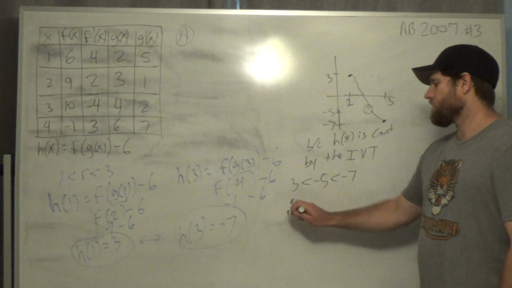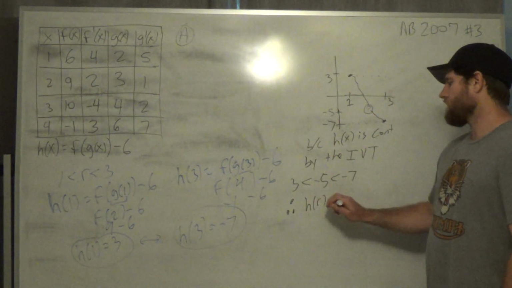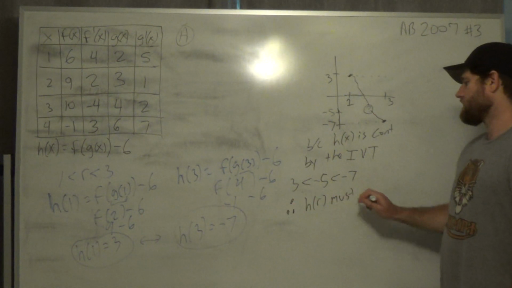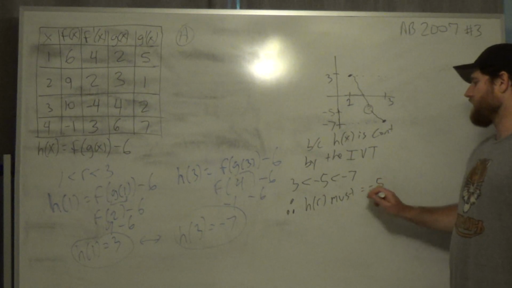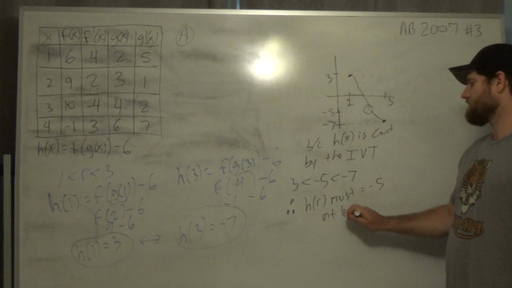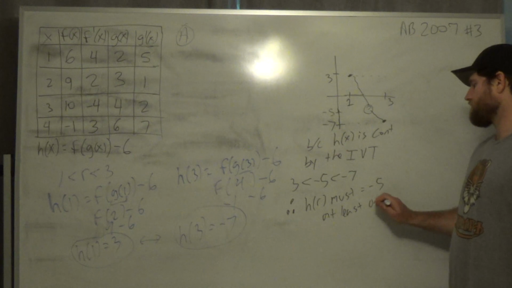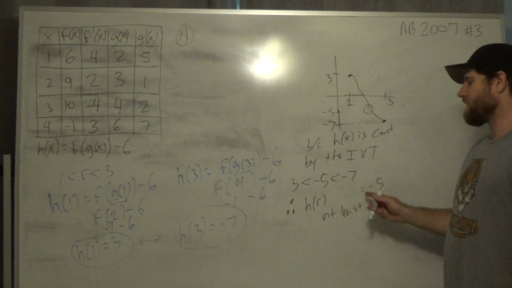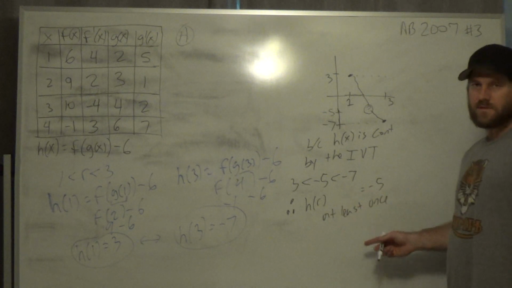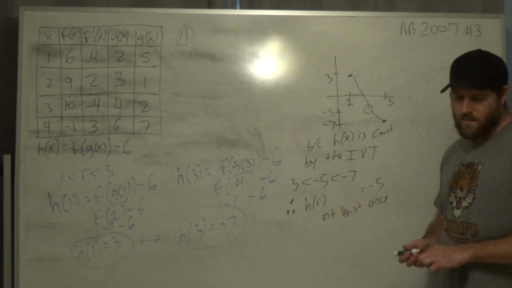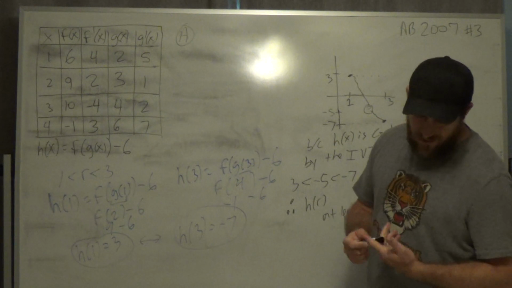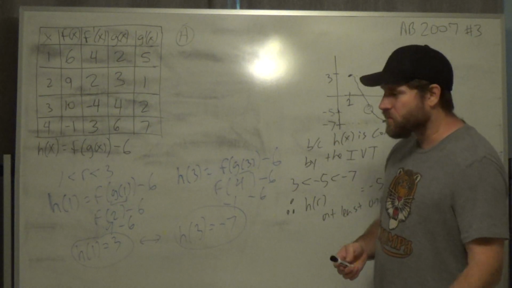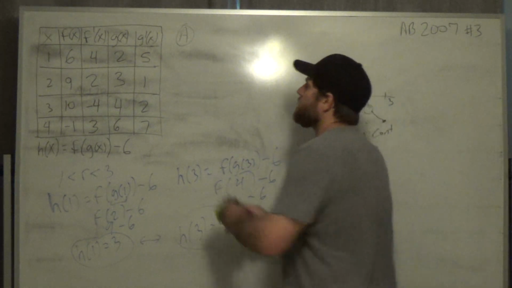So, therefore, h of r equals -5 at least once on the interval. Okay, so that's the first one.